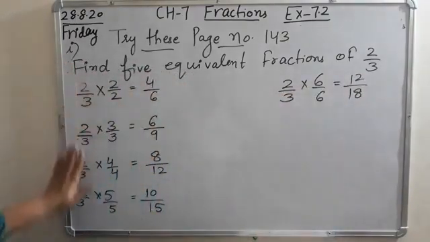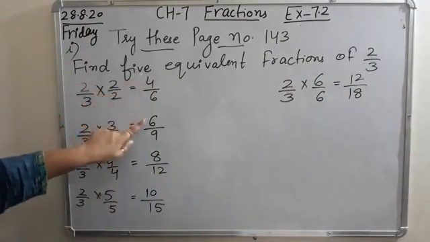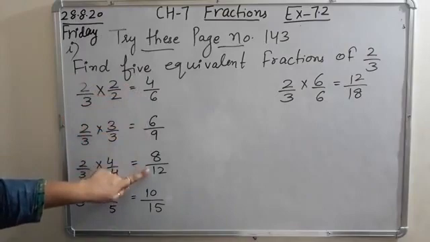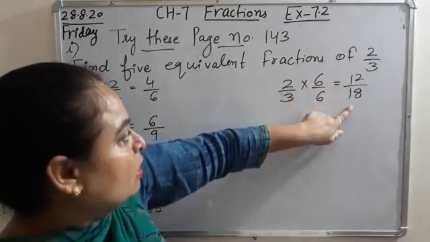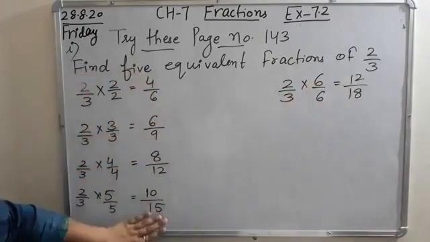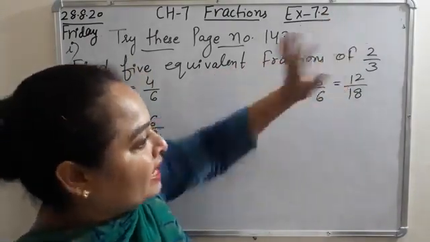So after multiplication we get 4 by 6, 6 by 9, 8 by 12, 10 by 15 and 12 by 18. All these fractions are equivalent to 2 by 3.